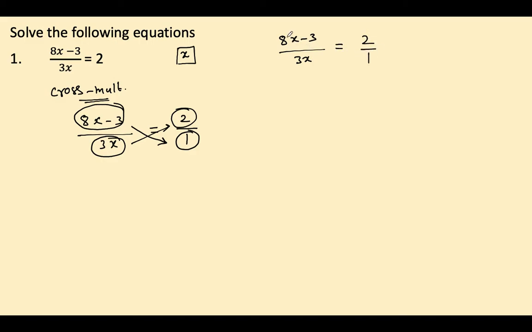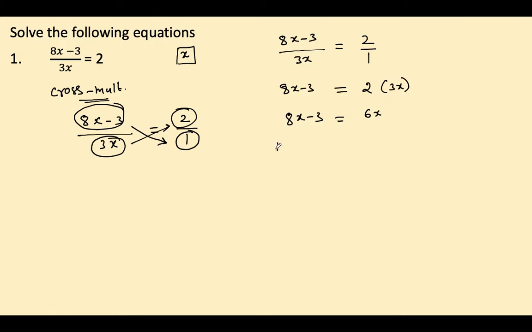Multiplying this numerator with this denominator, 1 times anything is the same number, so it is 8x minus 3 into 1, which is 8x minus 3. This is equal to 3x multiplied with 2, the denominator on the left hand side with the numerator on the right hand side, giving 2 times 3x. So 8x minus 3 is equal to 2 into 3 is 6, so this must be 6x.